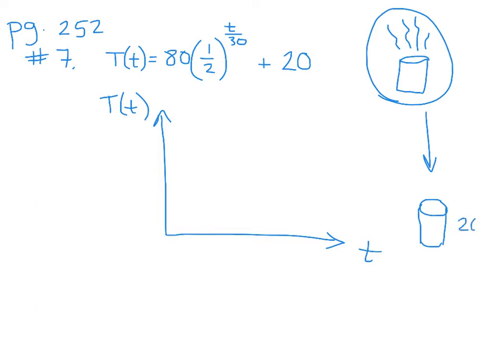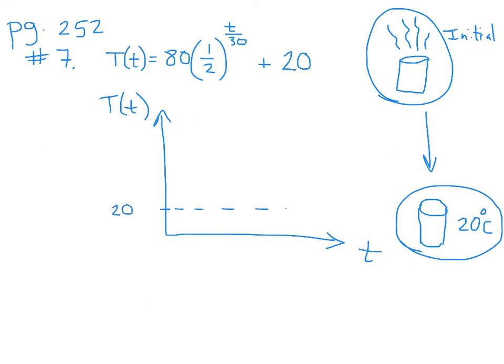Actually, eventually, it's going to get closer and closer to whatever the room's temperature is, which is 20. So we have a steaming hot cup of liquid, and it's going to get closer and closer to the room temperature, that's 20. We have to figure out the initial temperature of the hot liquid, and we already know that it's going to end up being close to 20.